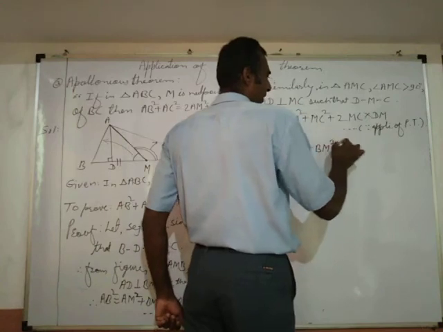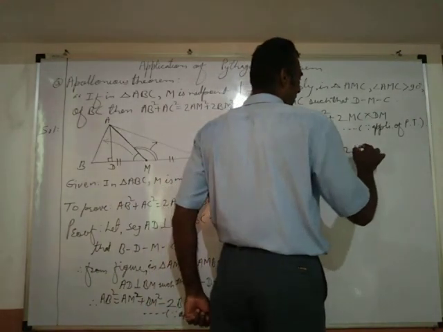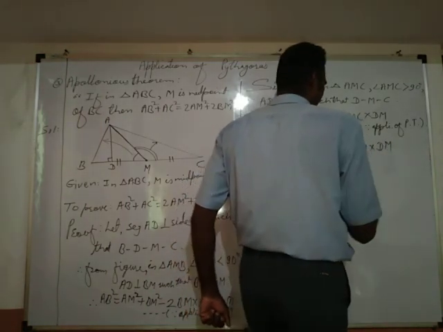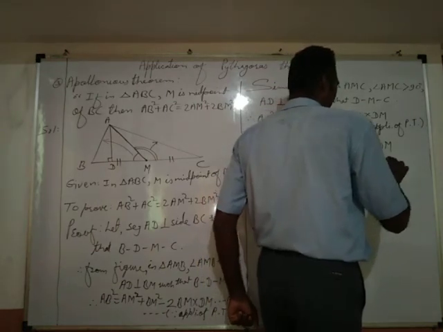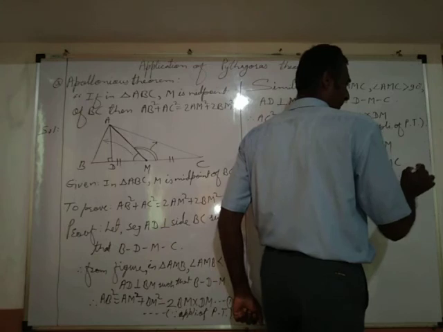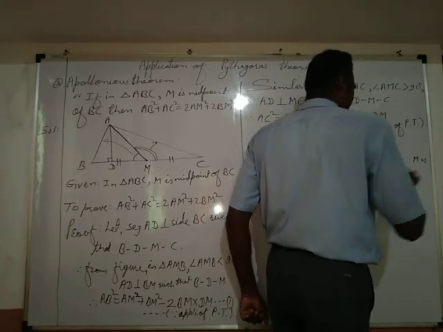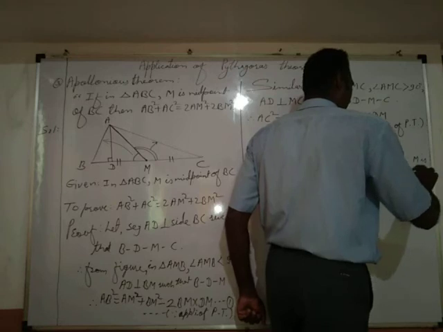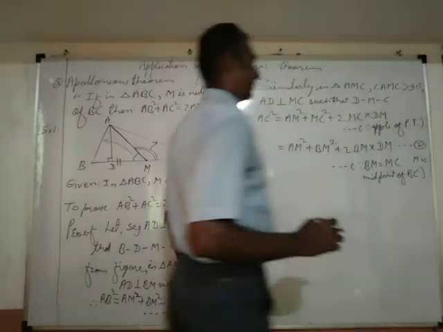That's why MC square will be BM square plus twice of BM into DM. Since BM equals MC, since M is midpoint of BC, let's call it equation second.